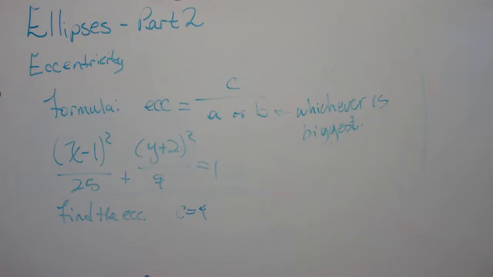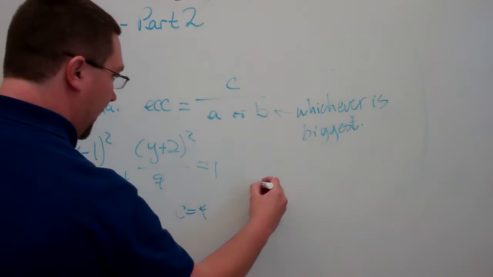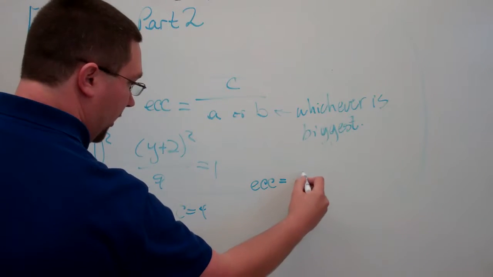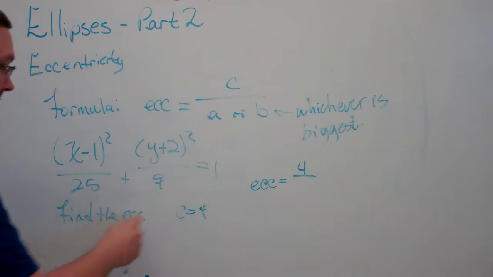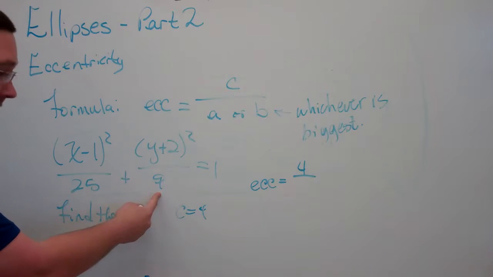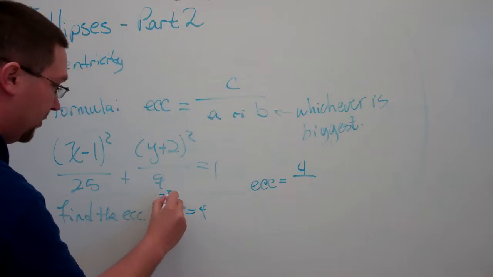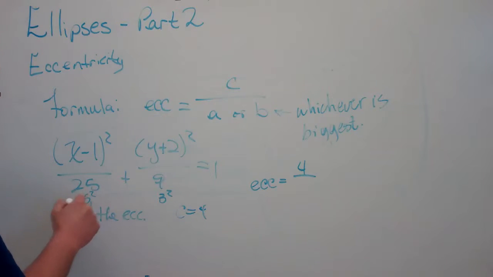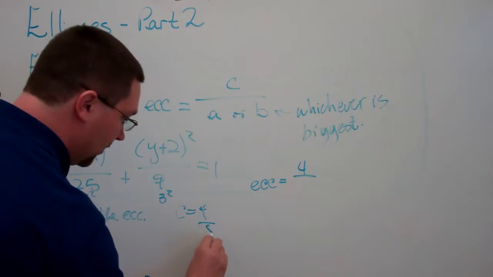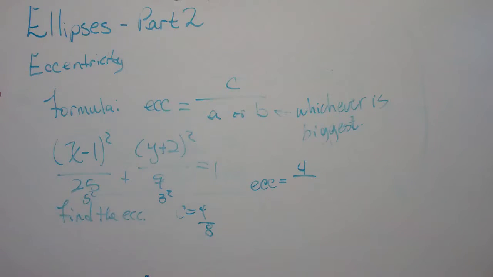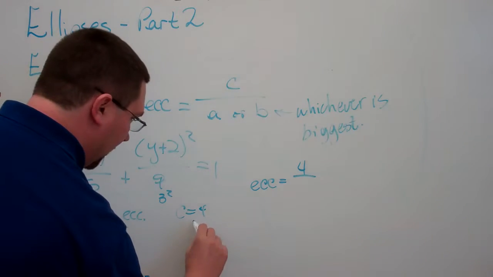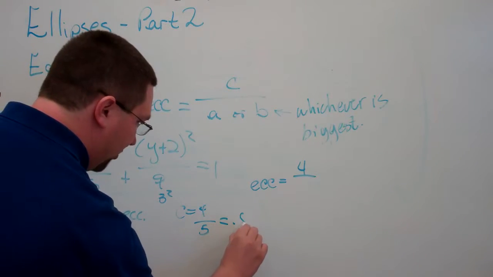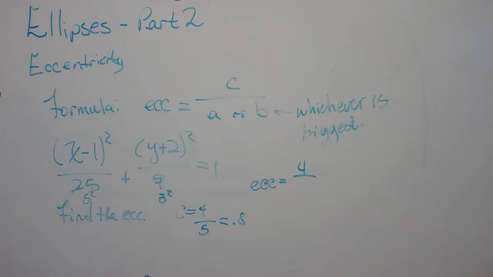So for our eccentricity, we're going to take 4 and divide it by the bigger one of these. But remember, it's A or B, and this is A squared and B squared. Here, this would be 3 squared, so B is 3. This would be 5 squared, so A is 5. A is bigger, so it's 4 divided by 5, which is 0.8. I put the 8 in the wrong place.